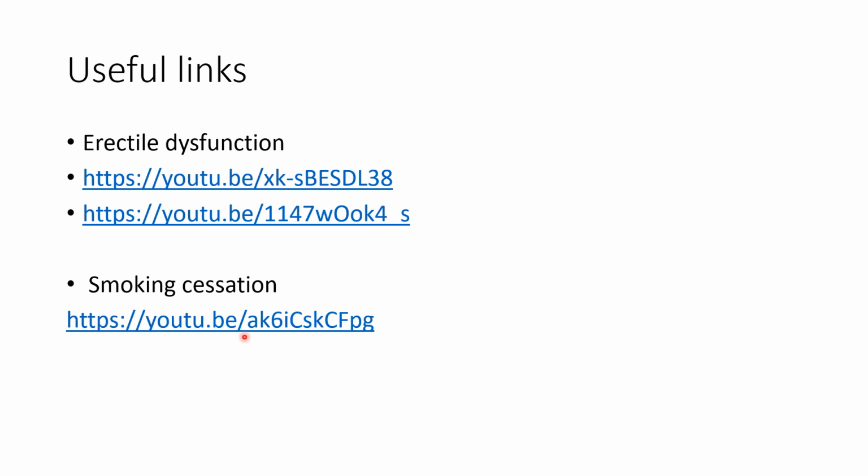So on smoking cessation, because this is the strongest modifiable risk factor or strongest preventable cause of death in any human race in any region of the world, smoking.